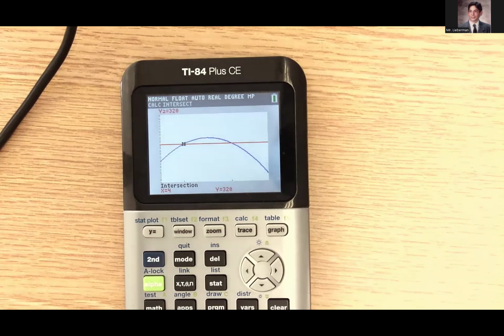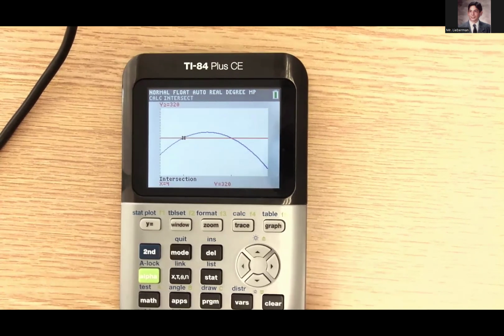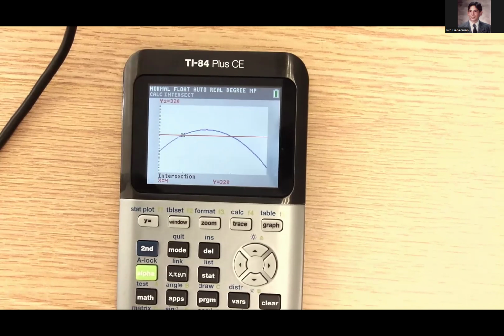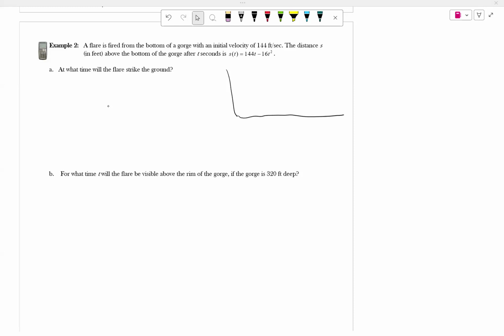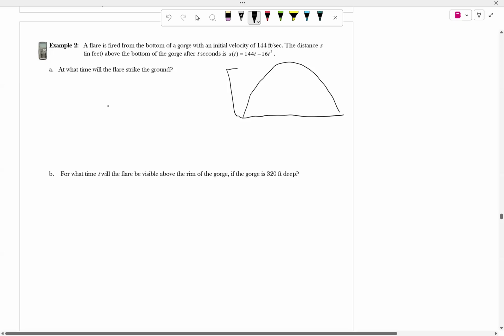Let's go to intersect. Okay, so now, click the first line, then you intersect. Click enter, right?